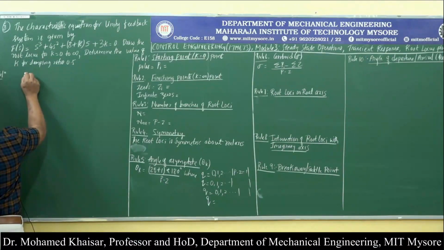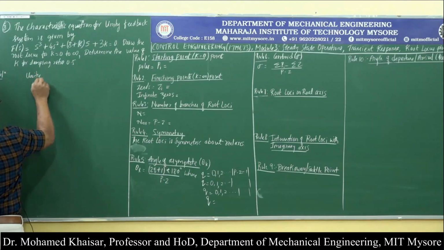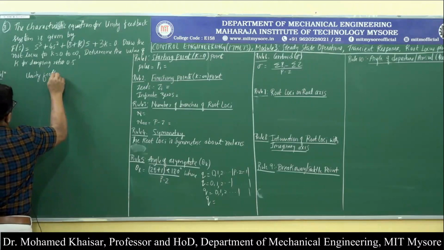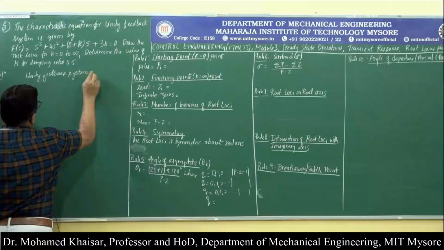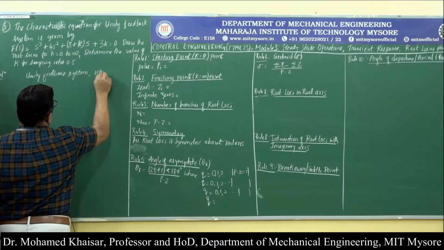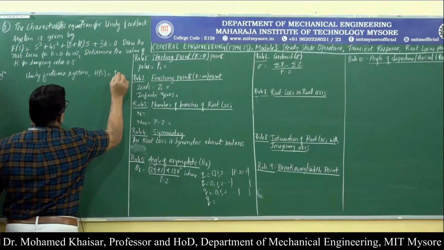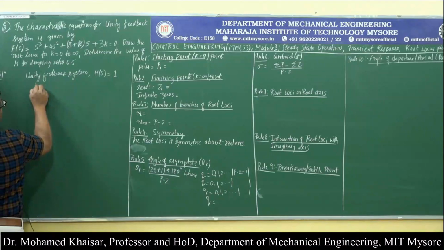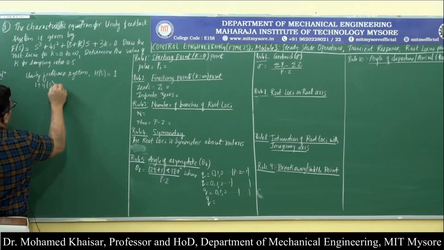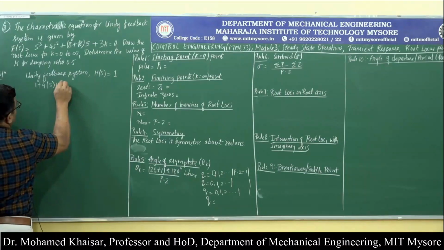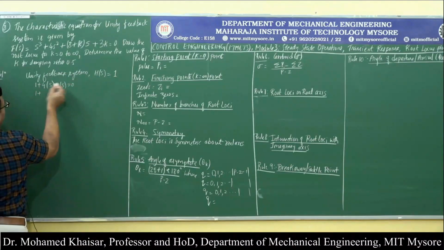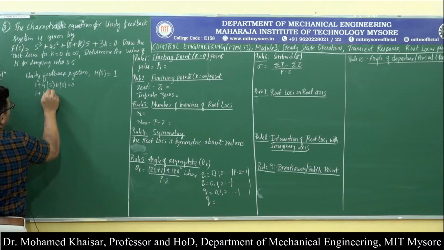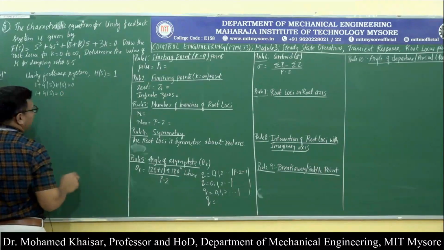Since it is a unity feedback system, H(s) will be equal to 1. Therefore, the characteristic equation is 1 plus G(s)H(s) equal to 0, and for unity feedback, it will be 1 plus G(s) equal to 0.